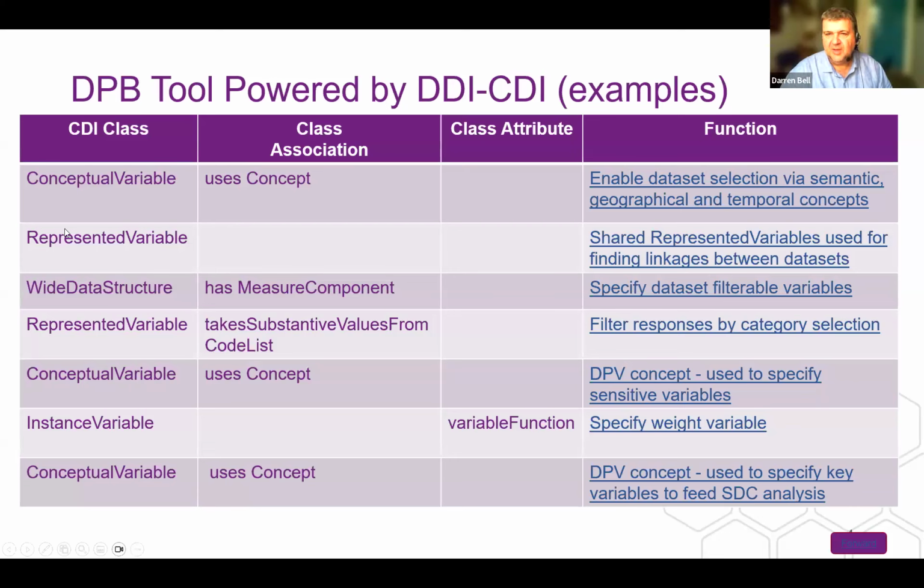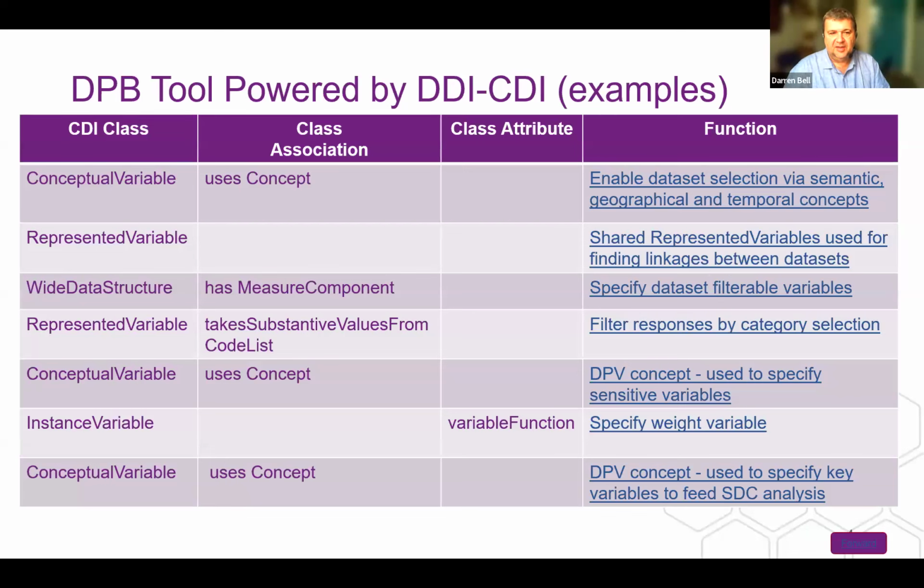So just to give you a few specific examples of how we use some of those classes and for what. The conceptual variable enables initial data set selections in our linkage tool. The represented variable is critically important because that's the thing that tells us what data sets are linkable to what other data sets.